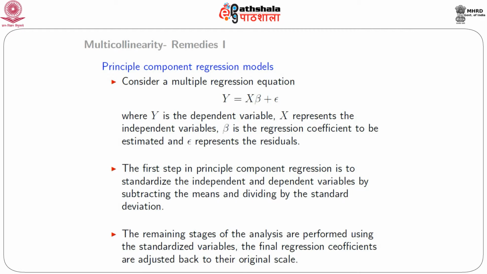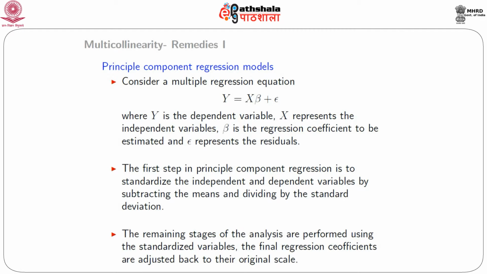The first step in principal component regression is to standardize the independent and dependent variables by subtracting their corresponding means and dividing by the standard deviation. So for the principal component regression model, let us consider the multiple regression equation in matrix form.